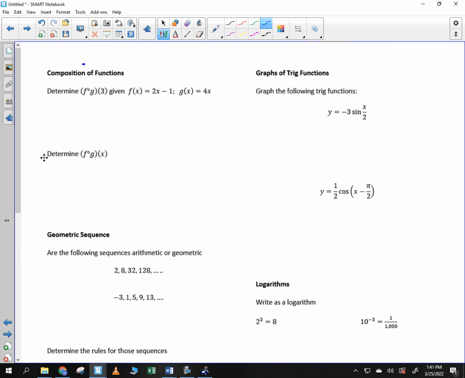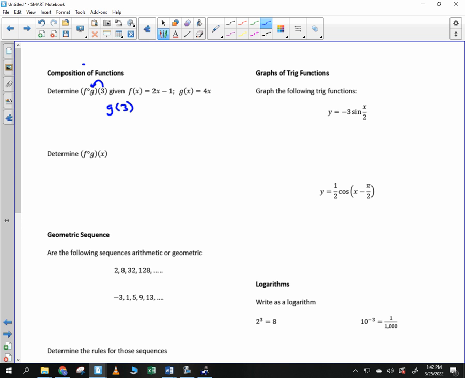Flip it over. Composition, f of g of 3. Do you remember how to do composition of functions? This was unit 2.9 this year. No times, you just start by plugging 3 in for g.